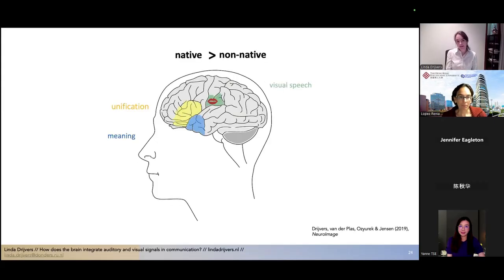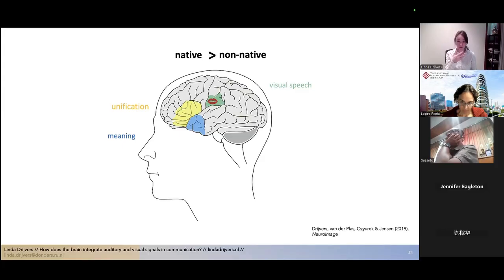So especially in the area that corresponds to visible speech in the motor region, this was less recruited by the non-native listeners, probably because they can get less information from the lips and couple that to the semantic information. And this also has an influence on how strongly areas related to meaning and unification were employed.